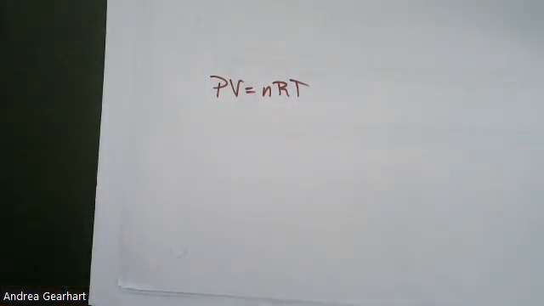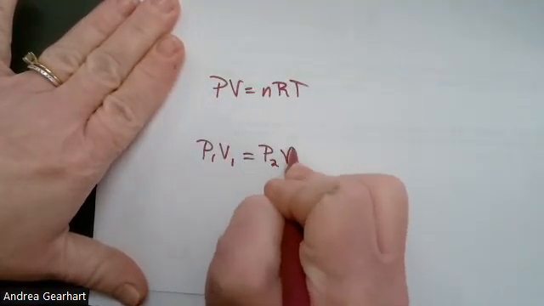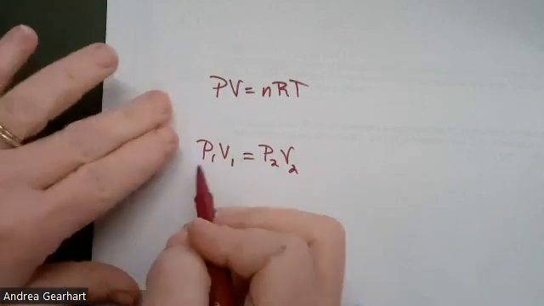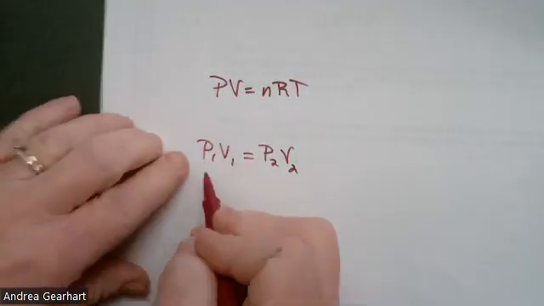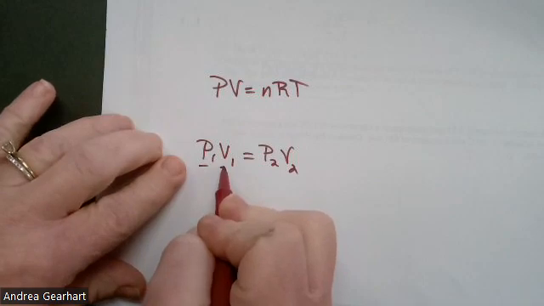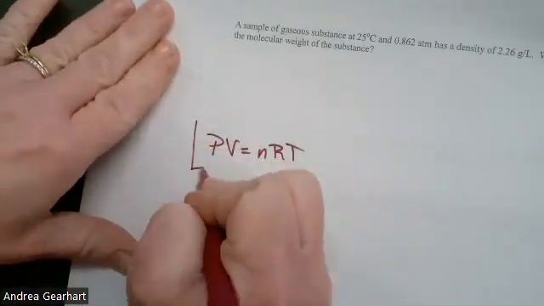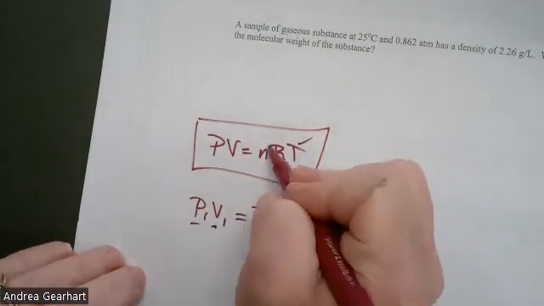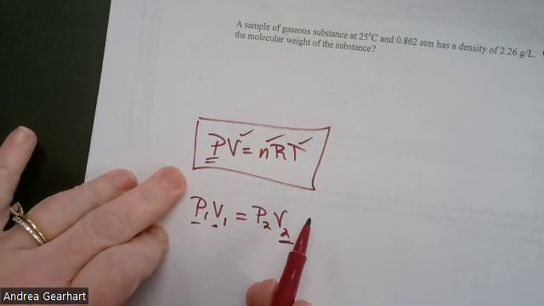Now, the other gas laws take us between scenarios. We have a gas at constant temperature, constant amount. That's why we can only look at the relationship of pressure and volume. We have this gas at this pressure and this volume. What if we change the volume? How will the pressure be? But here, you have a sample of gas. If you know temperature, amount, and volume, you can find pressure. There's so much more that this can give us.